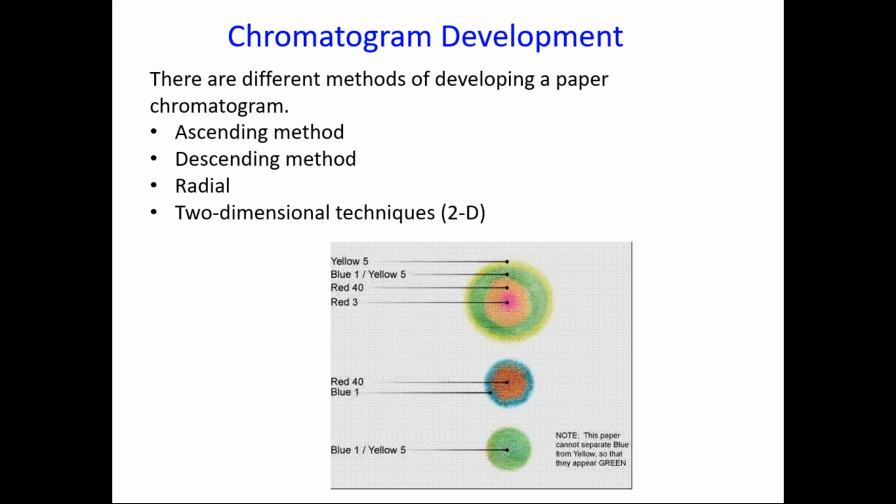So when you see a radial separation as seen over here for the plant pigments, the analytes will appear as concentric circles.